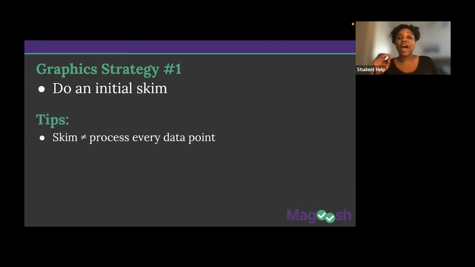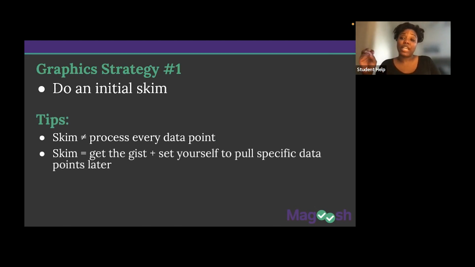Skimming is not the same as looking at every single data point and interpreting it, okay? Make sure you understand that skim basically means you're trying to get the gist. What is the general information that I need? Set yourself up to pull those specific data points later on. A good way to find clues is looking at the title.